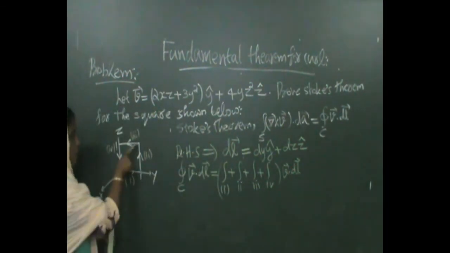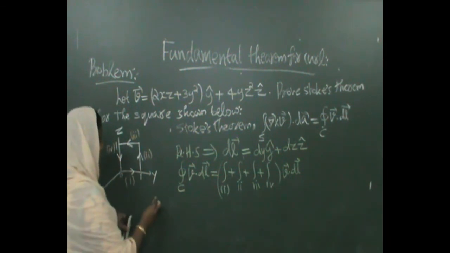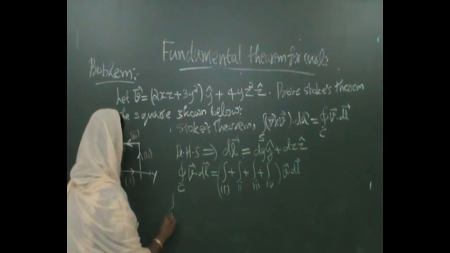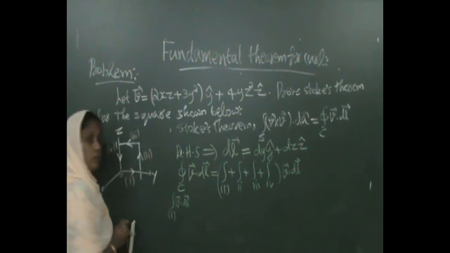This is the boundary. So we can first take this path 1, that means integration over path 1 V dot dl.